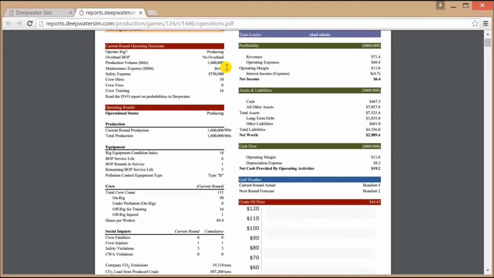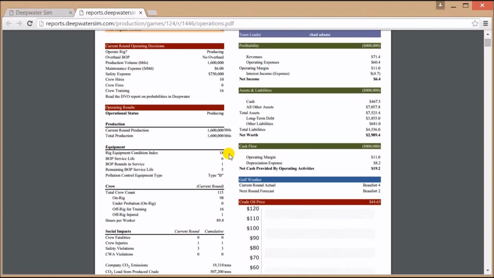The best indicator of that increased risk and the wear and tear on the equipment is if we go down here to the Rig Equipment Condition Index, what I call the RECI. And you can see here it's 18. This starts at 100. 100 represents an index for the quality, the condition of the equipment when the team first gets it.